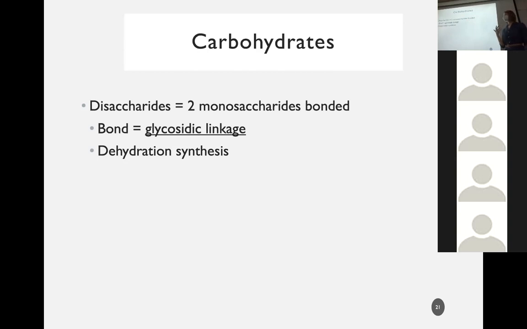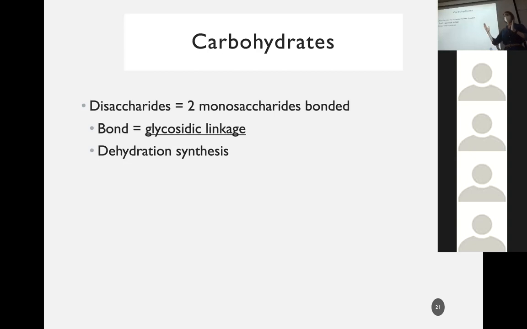The bond between any two monomers, so this goes for disaccharides as well as when we get into the really long polysaccharides, the bond between two monosaccharides is called a glycosidic linkage. You're going to want to know that term. Glycosidic, kind of like glucose, but slightly different, but it sounds sort of like glucose, so hopefully that helps you remember it.